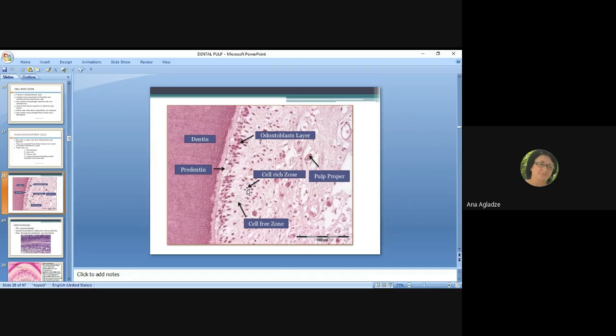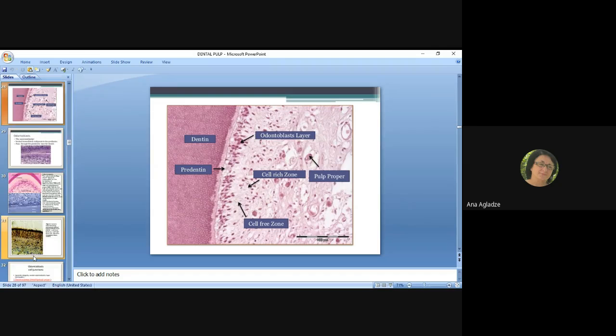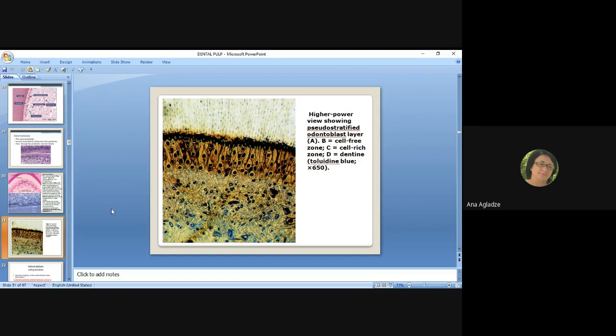And this odontoblast layer, here you can see, is a single layer of odontoblasts, but the crowding of cells causes such an appearance. And what is this appearance? This appearance is called pseudostratified.